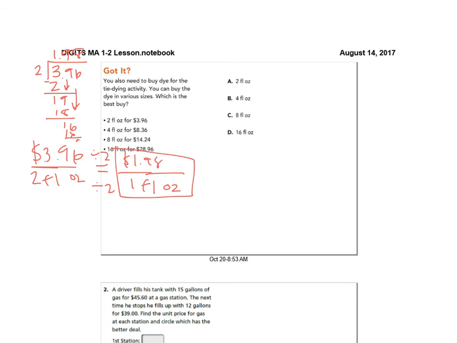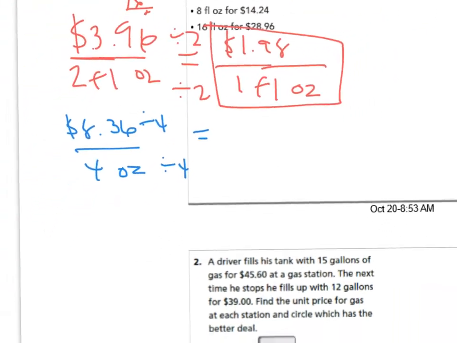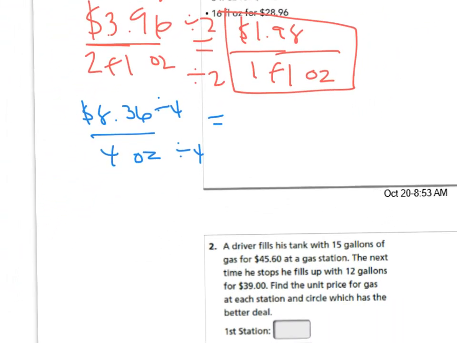Now, option 2, we have 4 fluid ounces for $8.36. We're going to have to divide by 4 for top and bottom. So 8.36 divided by 4.